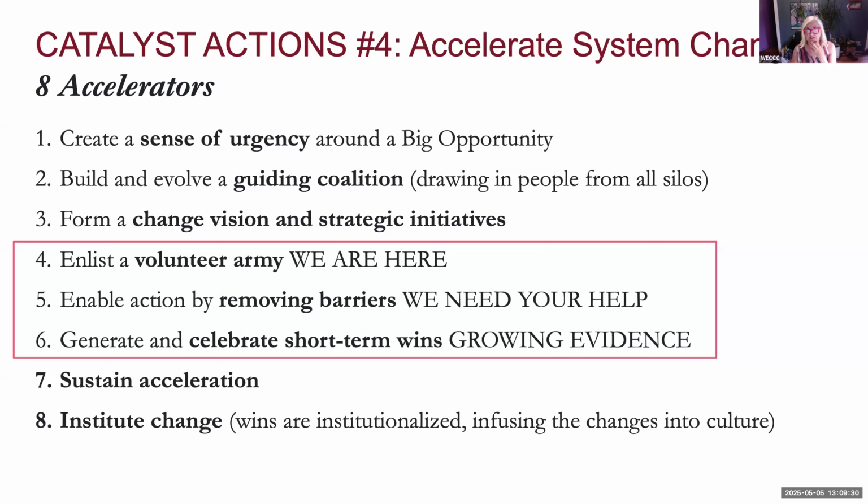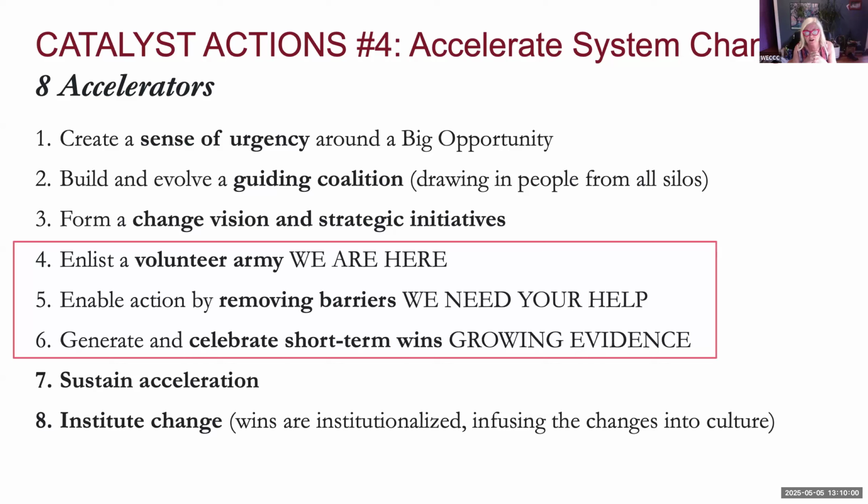So in terms of the leadership, it's around those accelerator actions around creating that movement. And again, some of these you saw in the little video earlier, but around that sense of urgency, around that big opportunity, that fun new idea, the first followers, and creating that guiding coalition.